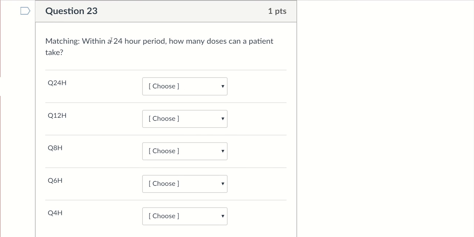23. Within a 24-hour period, how many doses can a patient take? So all you do is take 24 and divide it by the frequency.